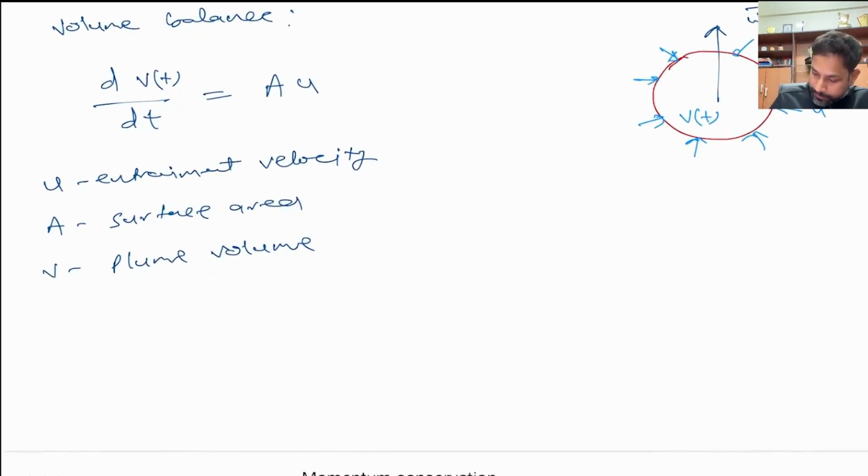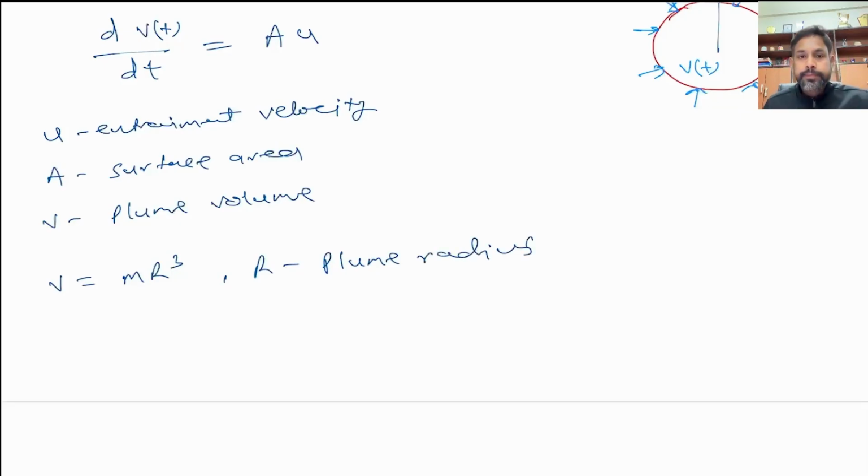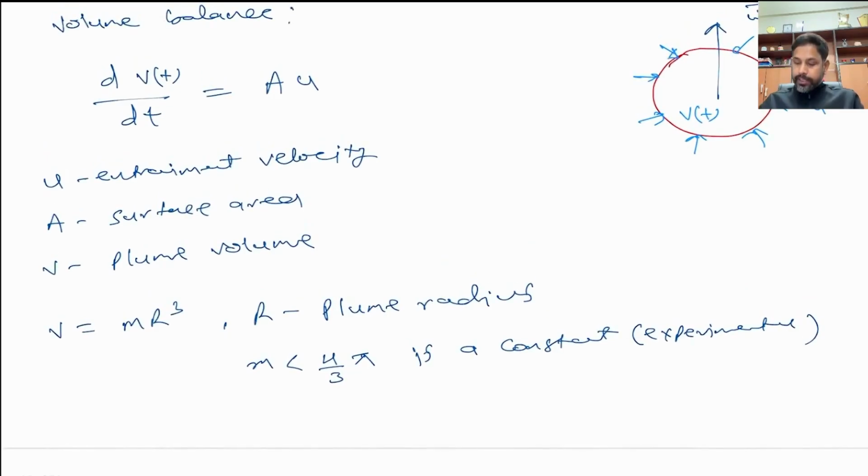Okay, so here we define V as m r cube, where r is the plume radius, okay, and m here is smaller than 4 by 3 pi, a constant that we'll find experimentally. So why do we say m is smaller than 4 by 3 pi?